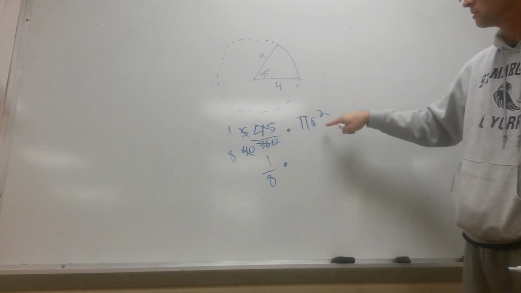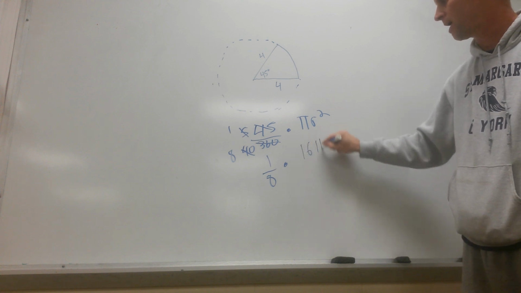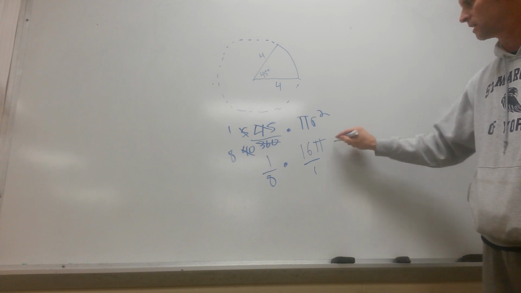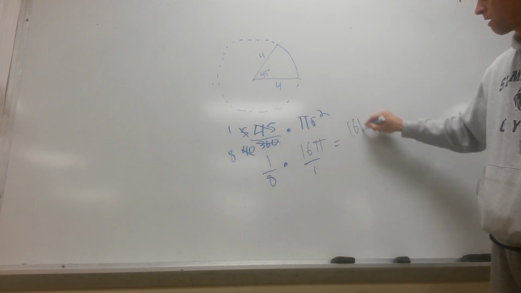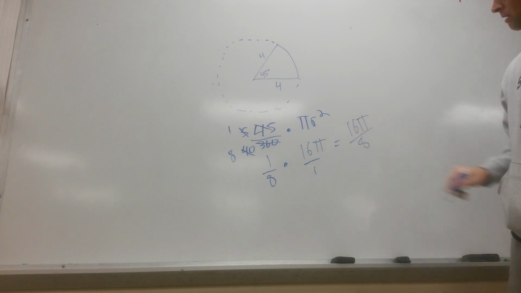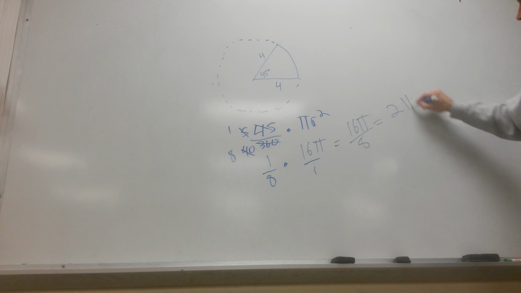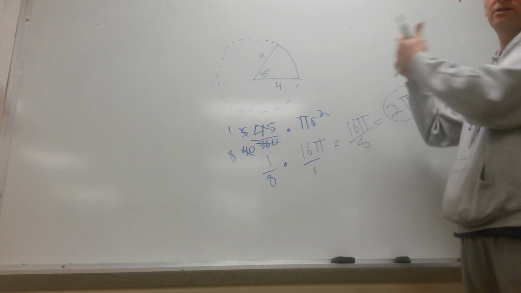R is 4. 4 squared is 16 times pi is 16 pi. So it would be 1/8 of 16 pi, which is 16 pi over 8, which is 2 pi. And again, we can leave it like that. That's how you find a sector area.